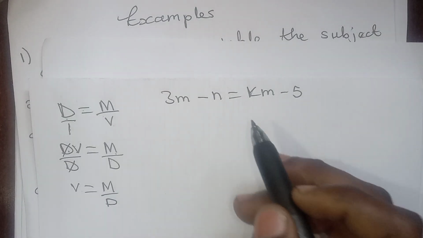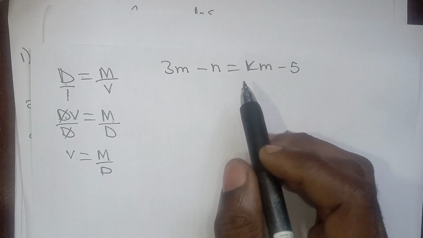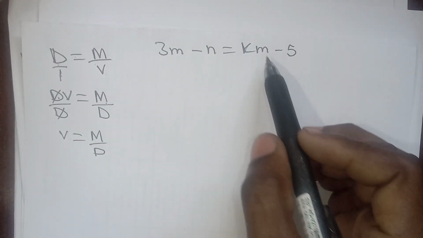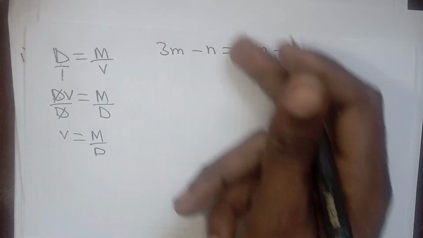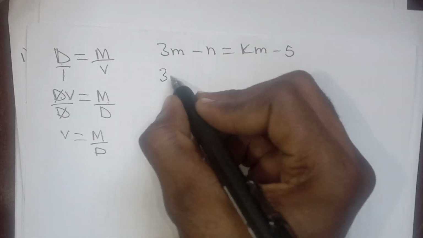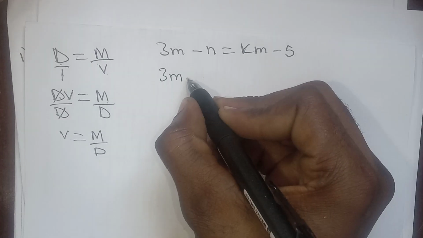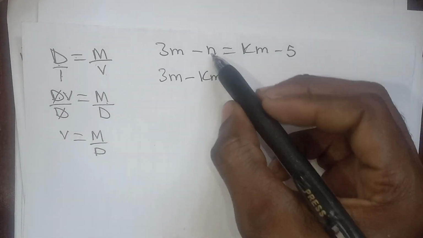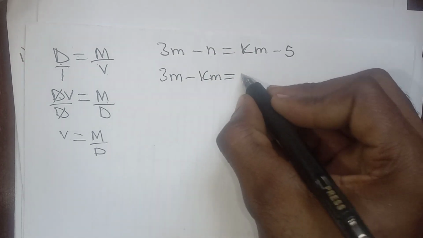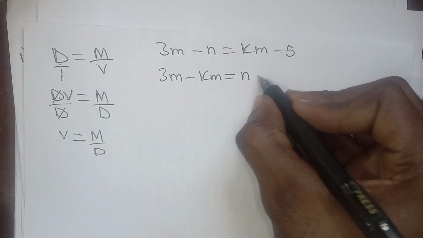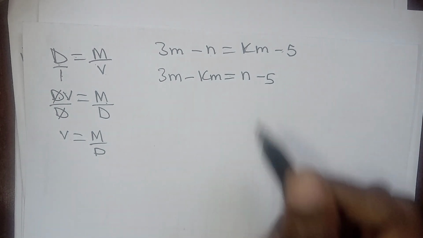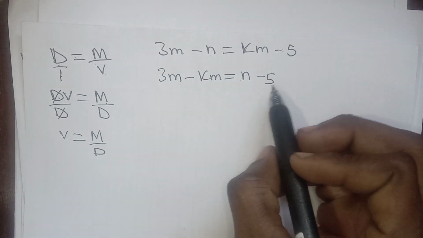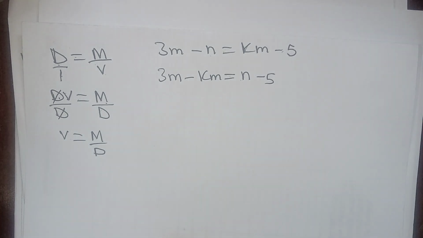So you want to take any variable or any term which has an M on it to the other side, preferably this side. So you have 3M minus Km is the same as, you can take the n to the other side and say n, and then we have minus 5. You can still say minus 5 plus n, although it looks better when you do it like this.